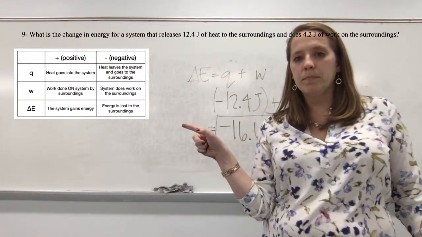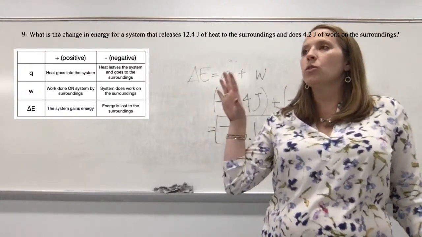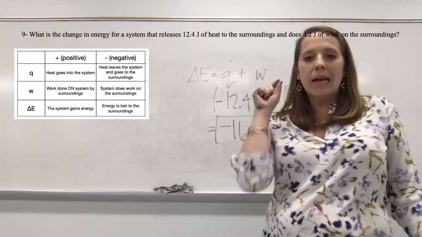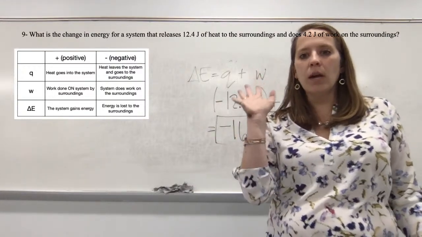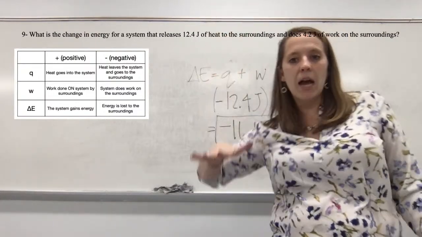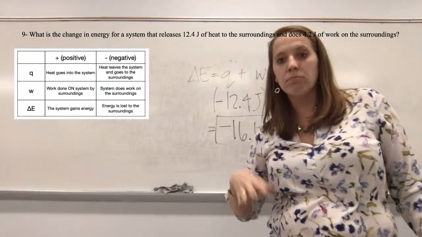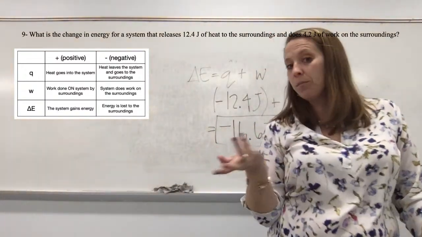Use this table, it's going to be so helpful. When you think about that question, ask about each one individually. I often think, okay, if the piston goes up, we're pushing against the surroundings. If it goes down, we're pushing on the system. I know this sounds silly, but it helps me help you.